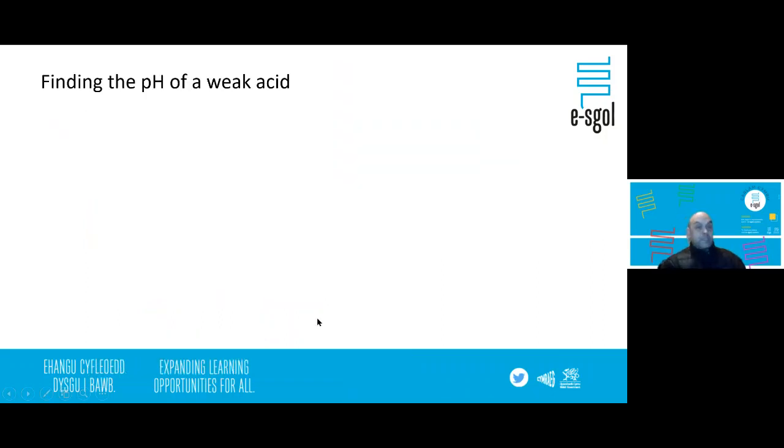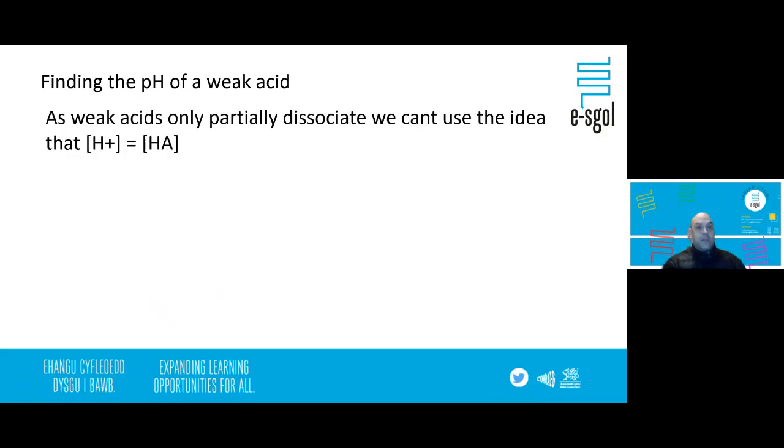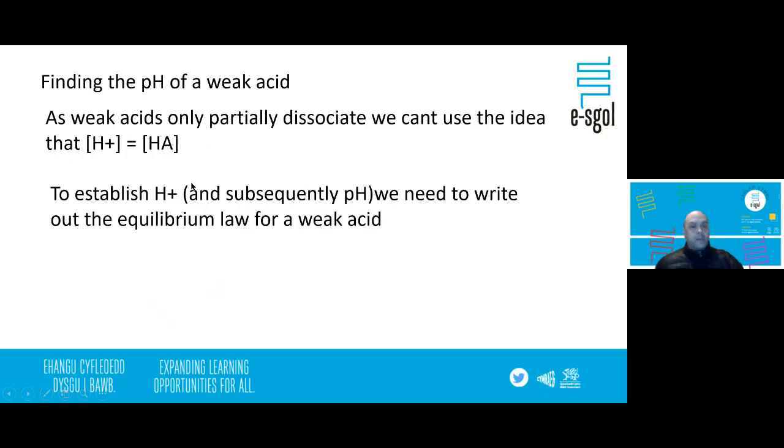Right. So how do we find the pH of a weak acid? Well, we're going to go to the idea I've mentioned, that H plus is not equal to HA. HA refers to the concentration of your acid, for example 0.1 molar HCl. We can't assume that here because only partial dissociation occurs. So we're going to have to write out the equilibrium law for a weak acid, and this is our go-to.